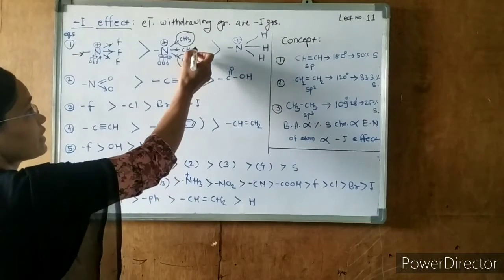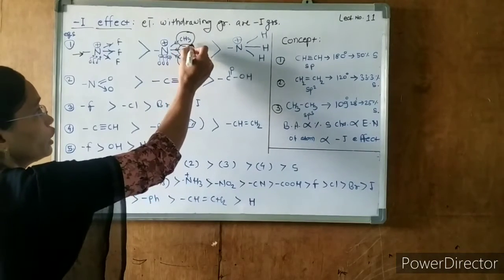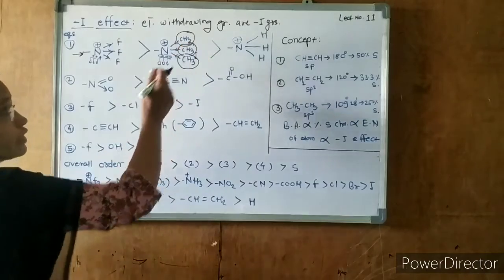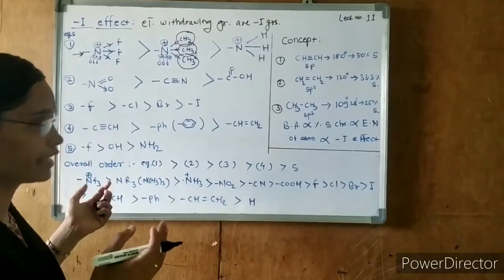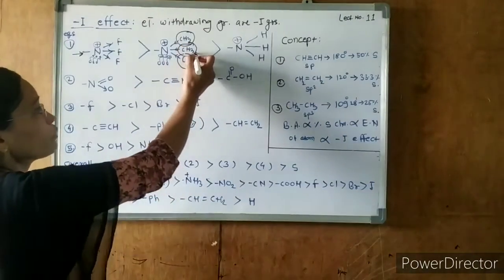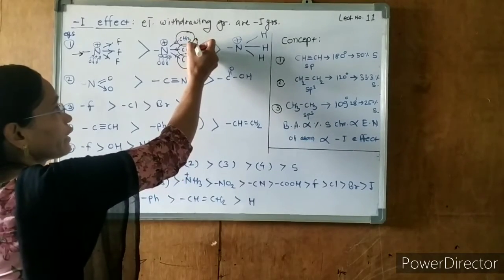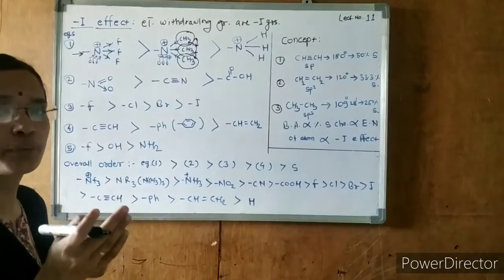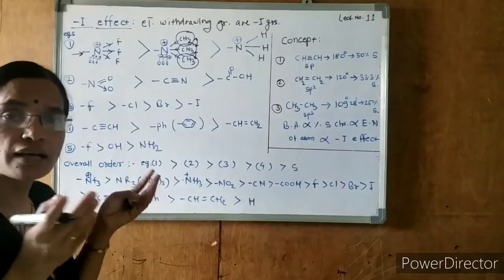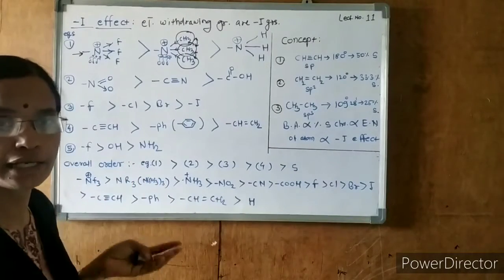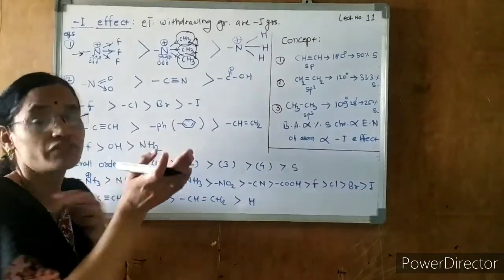What is the reason? The reason is that there are 3 methyl groups, and these groups have a larger size. So there is a repulsion between the methyl groups. Why? Because these are larger, bulky groups, and so the repulsion will take place.